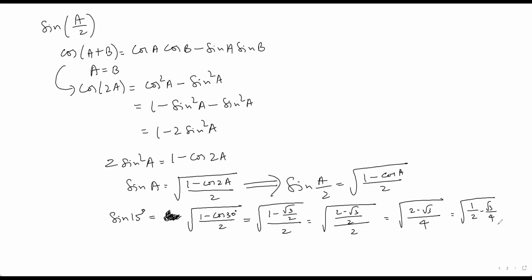Anyway, can you use the calculator to find this value? Root 3 by 4. Root 3 is 1.732. So, yeah, use the calculator. 0.433 is the root 3 by 4 value.